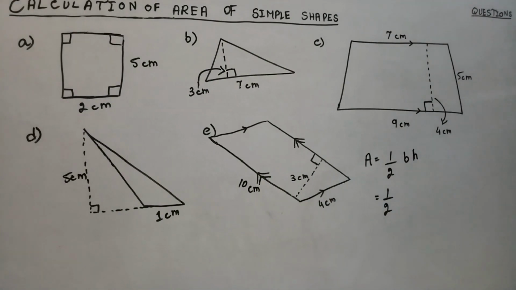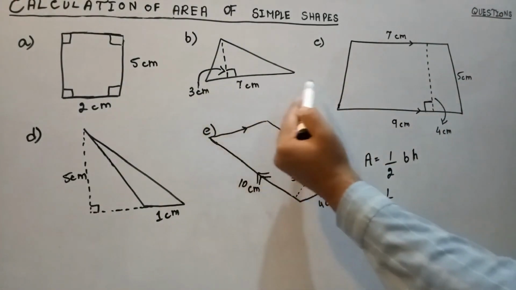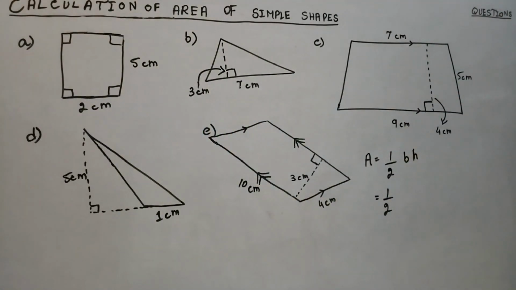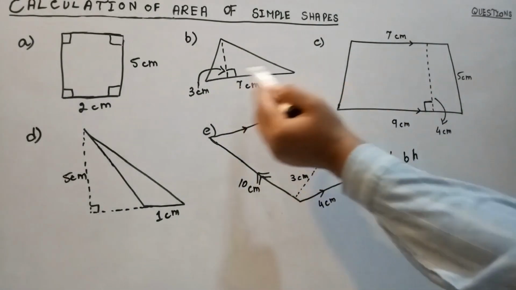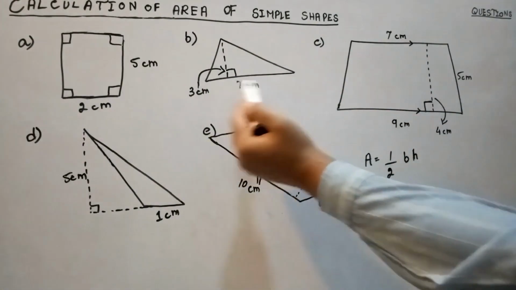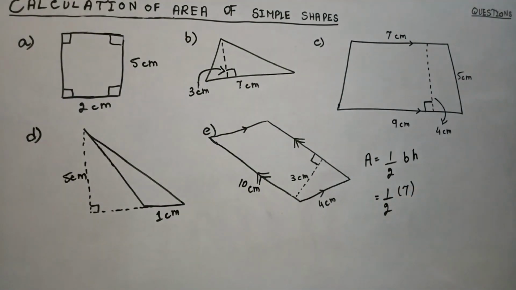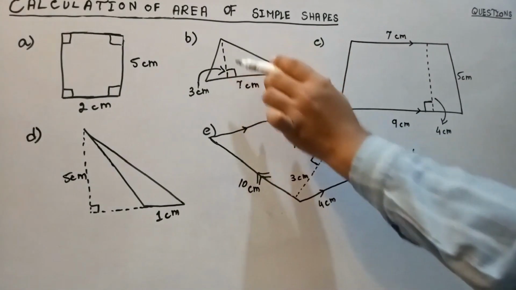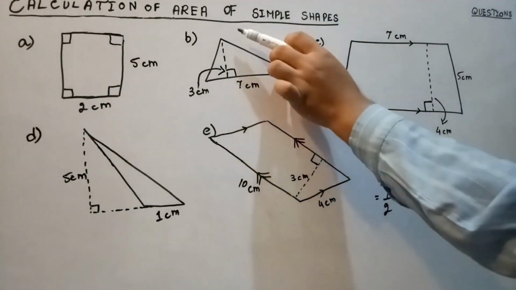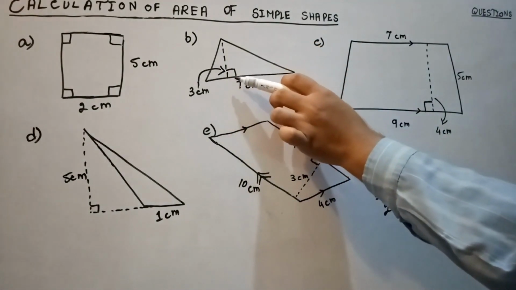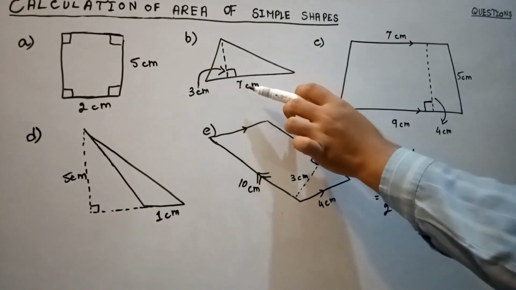And what's the base? The base is actually this one, this 7 centimeter side is the base. So I can write 7 instead of base. And now what's the height? I have told you that height is the perpendicular distance from the top corner to the base.